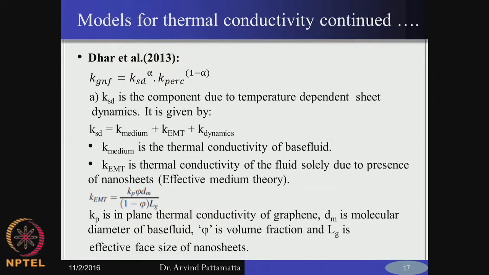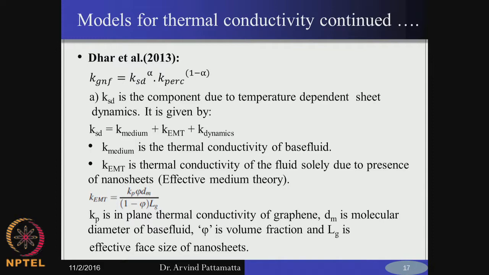Suppose it was purely spherical particles, then what will happen to the percolation component? Percolation component should not be there. So, if your value of alpha equals 1, then K nanofluid will be only K Brownian. That means only Brownian motion is responsible for the increase in thermal conductivity.